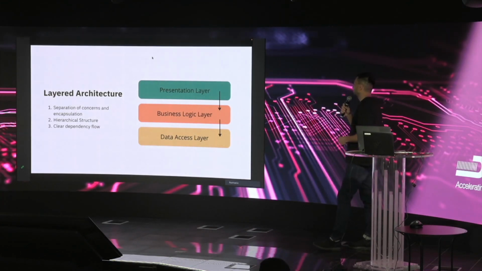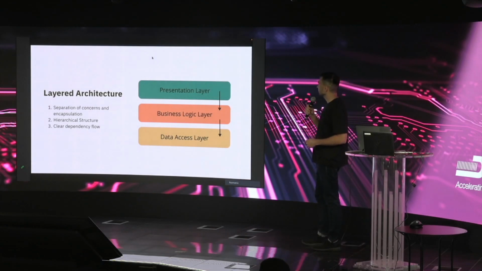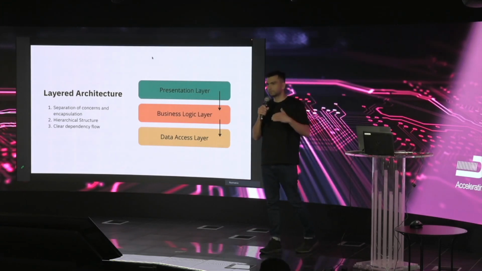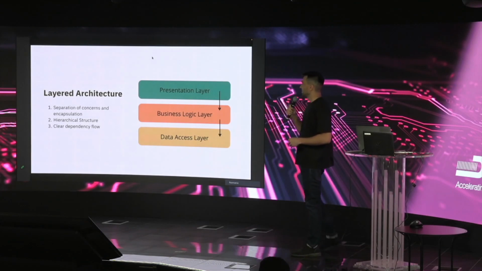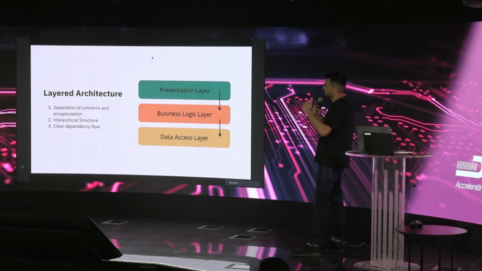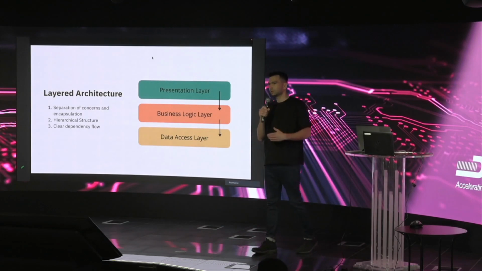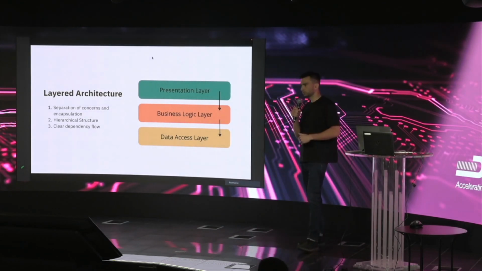Important thing to note is that these layers form a hierarchical structure. So layers above always depend on the layers beneath. And we have a clear flow of dependencies. So when we handle, for instance, a user request, we always go in this architecture from the top to the bottom.